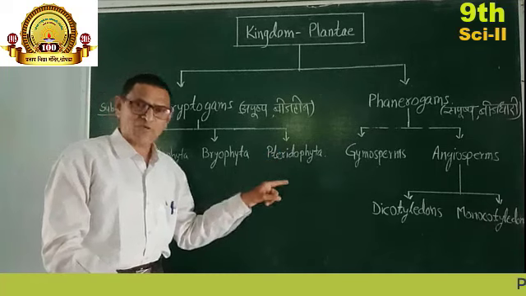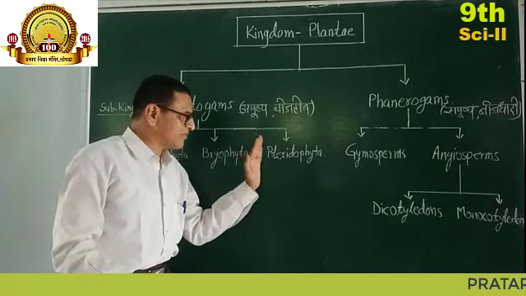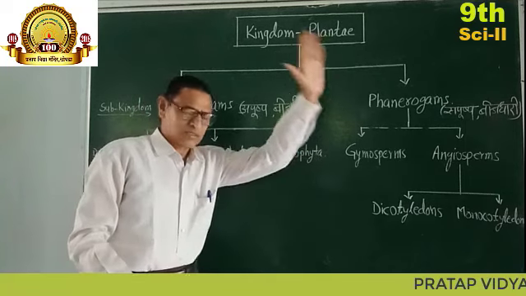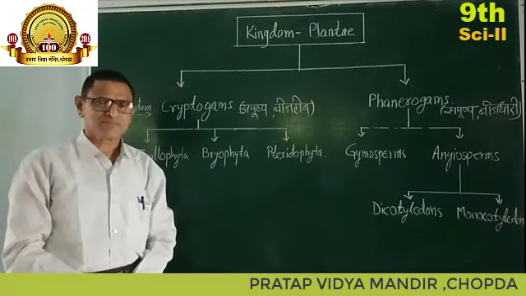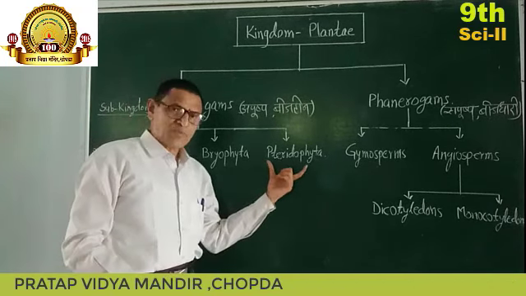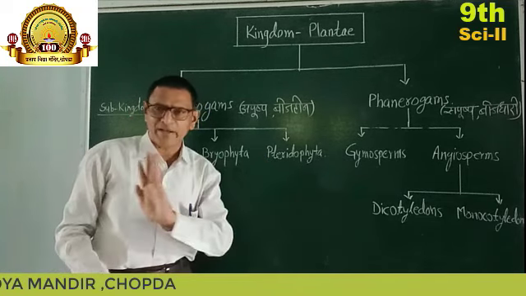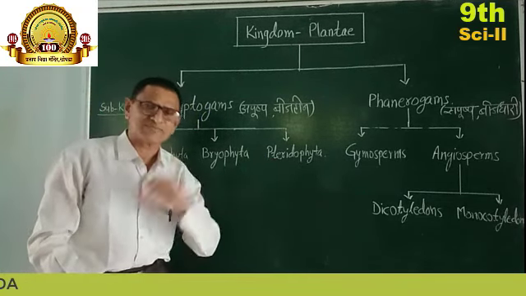That is why it is also called a vascular plant. From this division, next all these are vascular. These plants do not bear flower and fruit. These are the non-flowering plants.